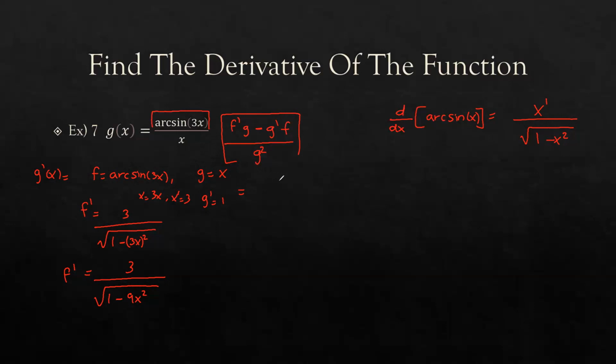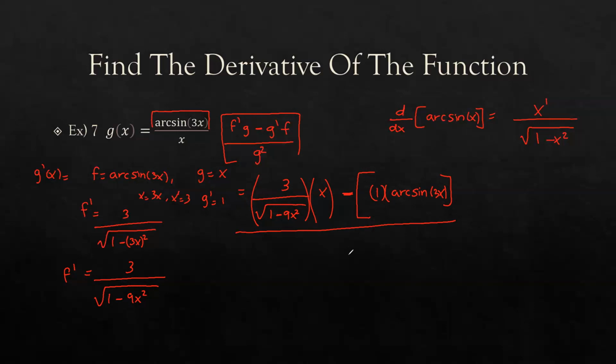So f prime is 3 over square root of 1 minus 9x squared, times regular g, which is x, minus, bracket, g prime is 1, and f is arc sin of 3x, all over g squared. So my g squared is x squared.